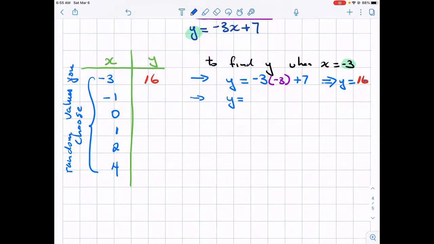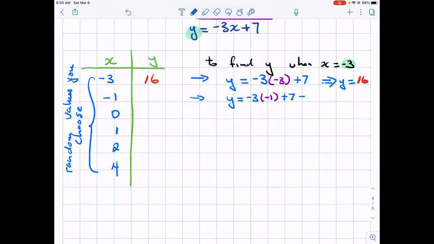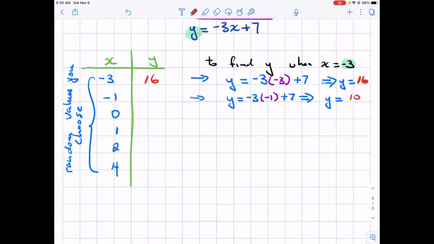So y is equal to -3x plus 7. Now I'm going to plug in -1. And if I simplify this, this becomes 3 plus 7, which is 10. So we have y is equal to 10. So we put a 10 here.